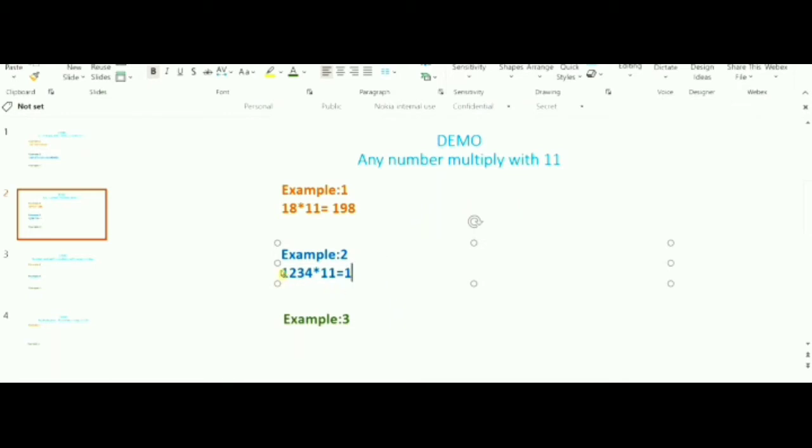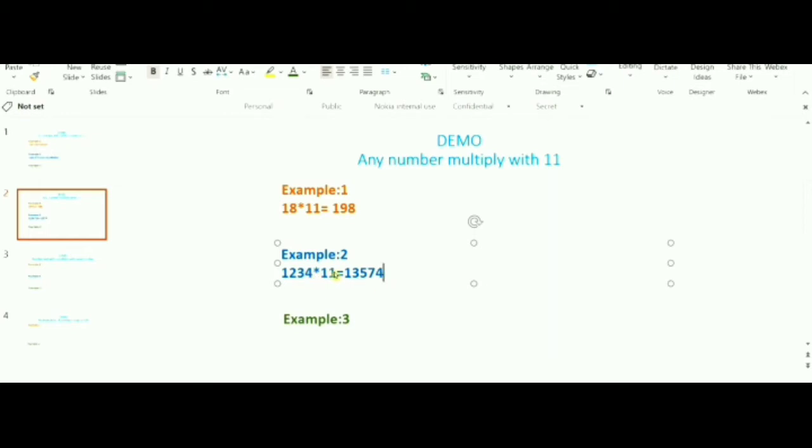Then 1 plus 2 is 3, then 2 plus 3 is 5, then 3 plus 4 is 7, then the last number, that is 4.